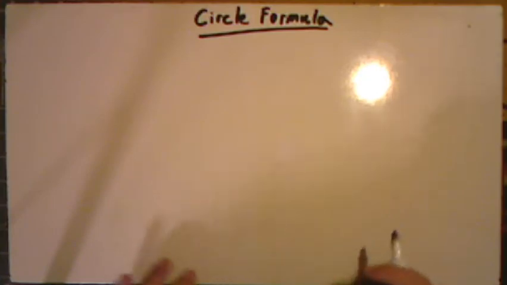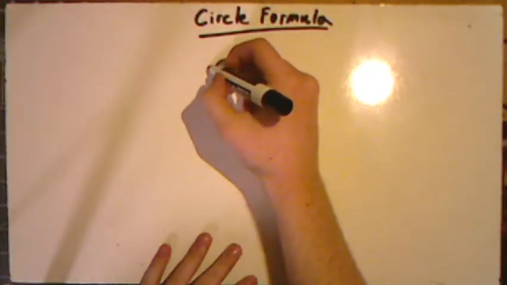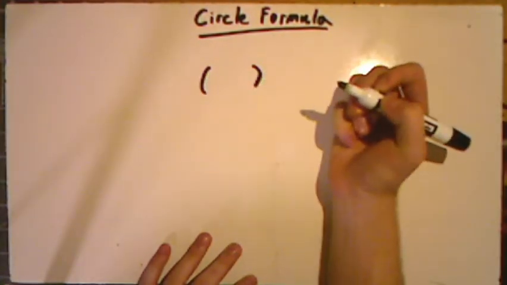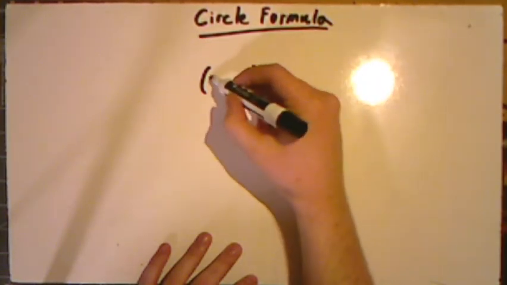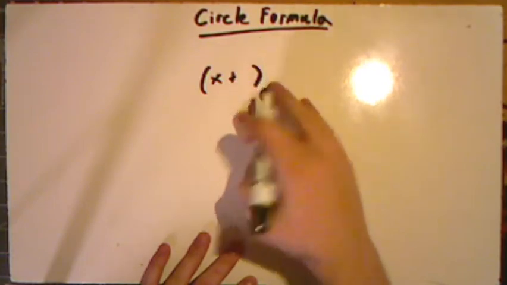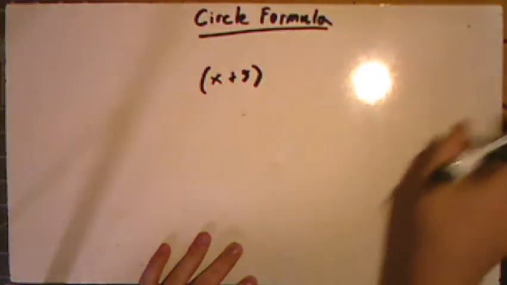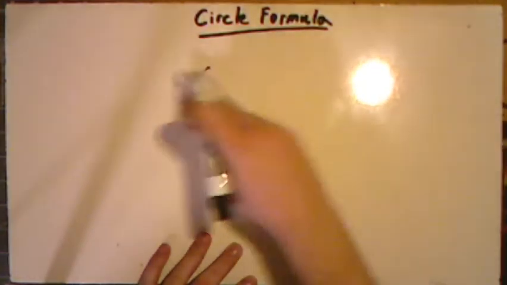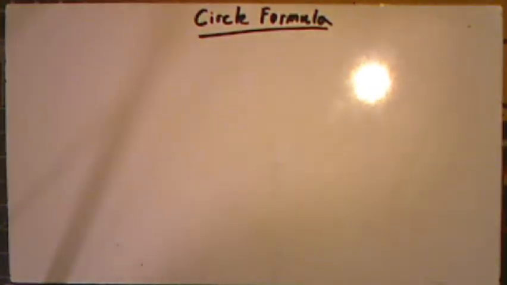And just as a reference again, a binomial is just some set of terms inside parentheses that have a variable in it. So x plus 3, x plus 5, anything like that, those are binomials.